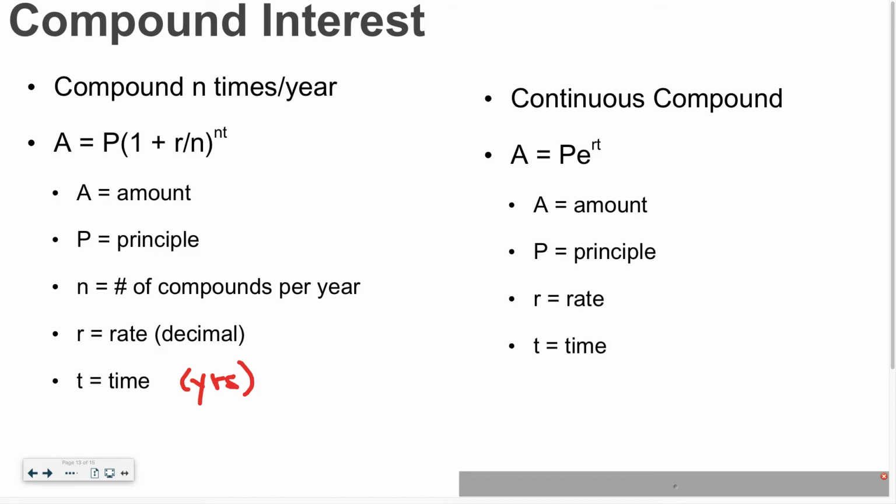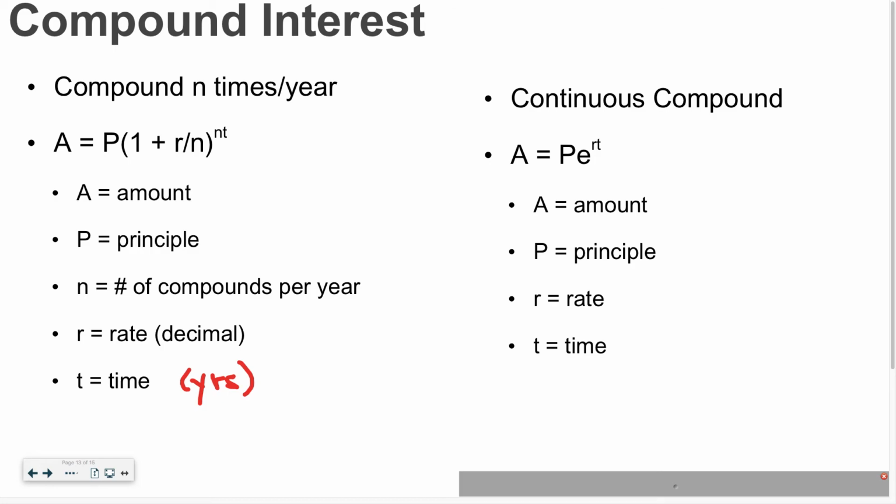We are just compounding all the time instead of so many times per year. So if you're presented with two problems, one has compound interest so many times per year, one has continuous compound, this number should be higher because it's calculating all the time.